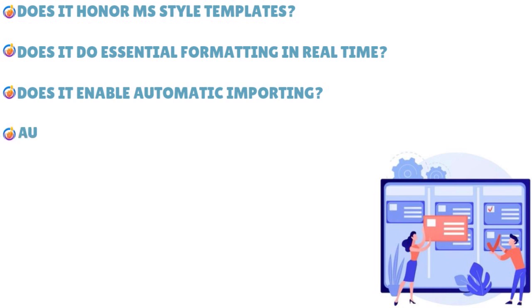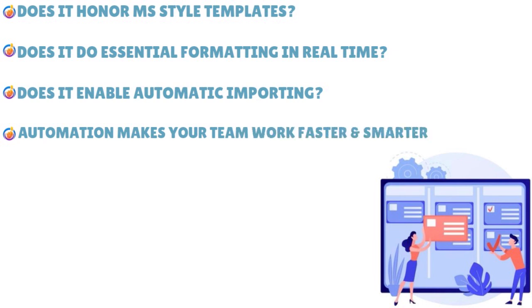You also have to think that automation makes your team work faster and smarter. There is a ton of work involved in creating a professional proposal. And the thing is that RFP automation should help with that. While many RFP tools promote automation as an integral part of their feature set, the best RFP proposal software delivers what? Real customizable automation.